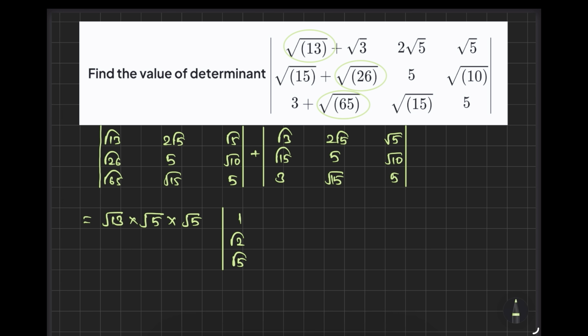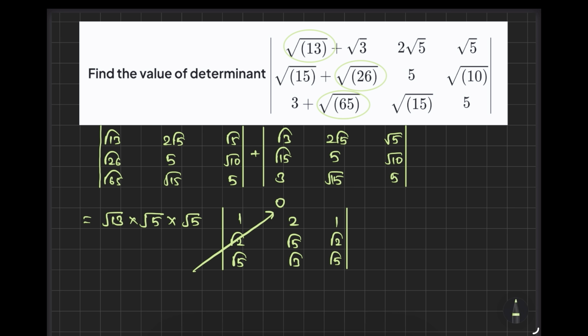We have taken root 5 common from this, so it is 2, root 5, root 3. And then we have taken root 5 common from here as well, so 1, root 2, root 5. If you observe, this column and this column become identical. This means the determinant of this thing becomes 0. So we only need to find the determinant of the second part, because the first part produces 0.